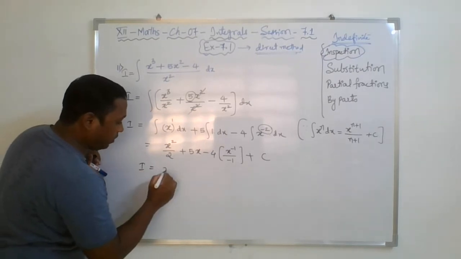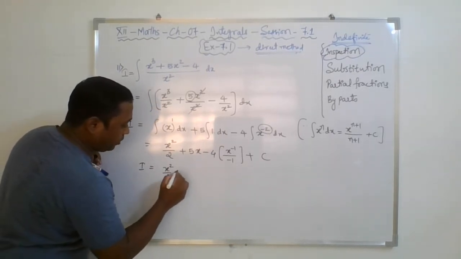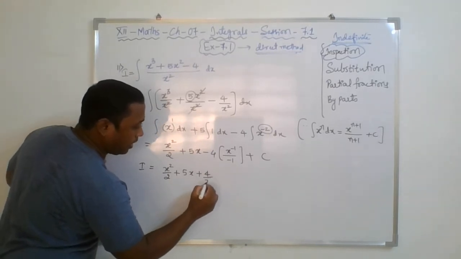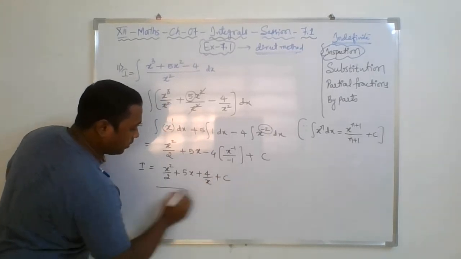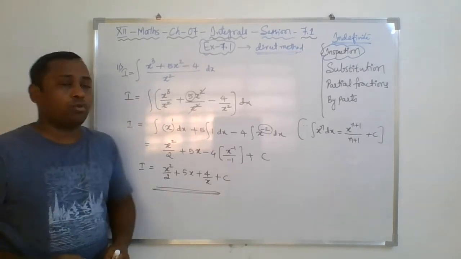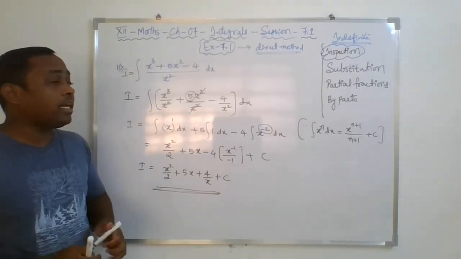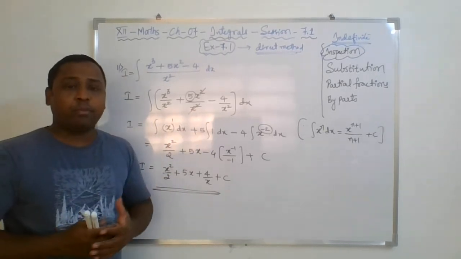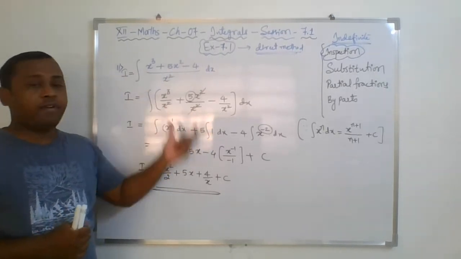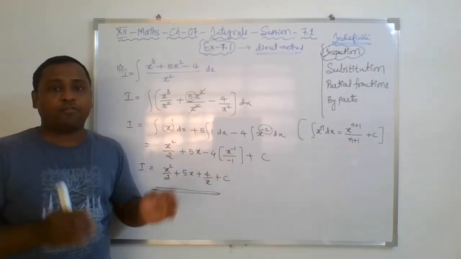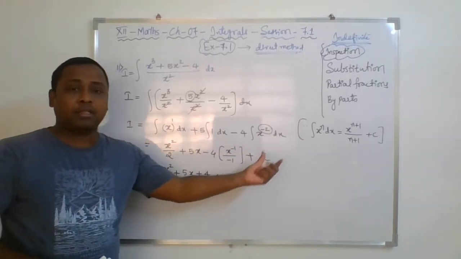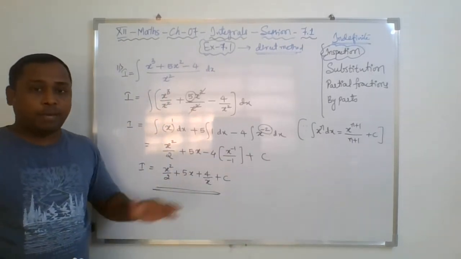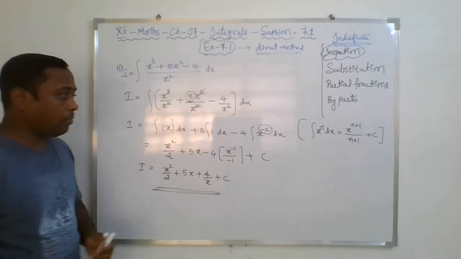So I is equal to x square by 2 plus 5x plus 4 by x plus c. That's it. So this is the way to solve just by inspection. Inspection means the direct method, just by simplifying a given function into the simplest format where you can apply the fundamental formulas to simplify further. So I'm taking a few more questions where you can apply this.